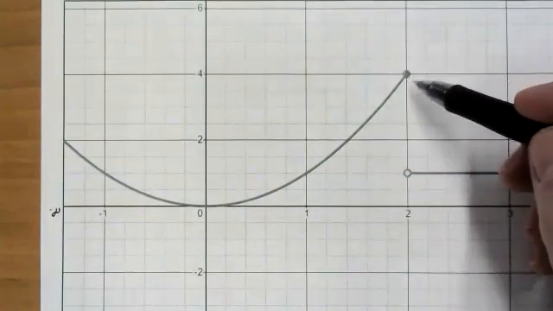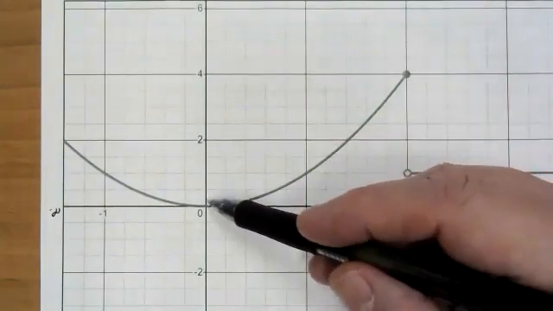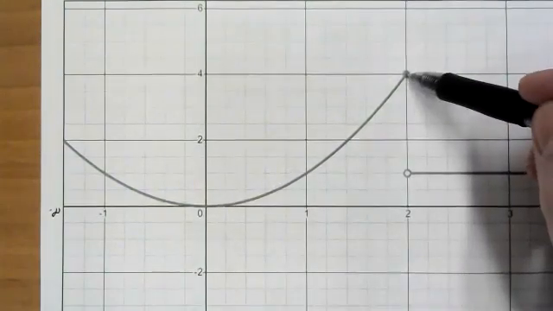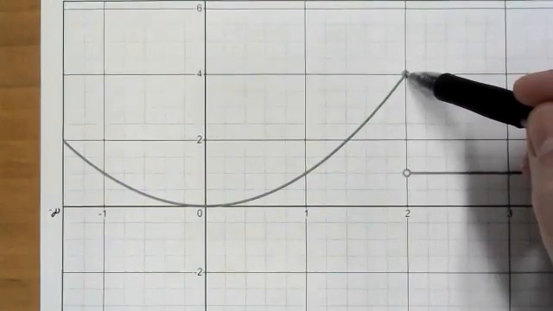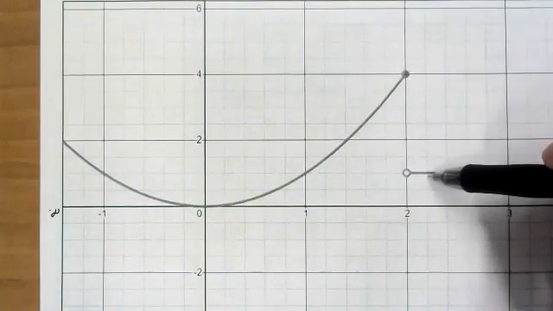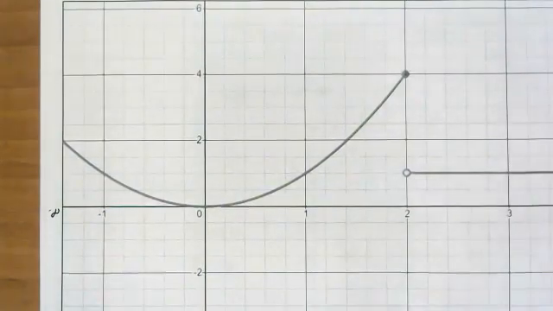You've got to jump here, but is there a gap? Let's think about this. I'm coming along here. When x is 2, this is the value of my function. And then right away, it jumps down and starts tracking this.